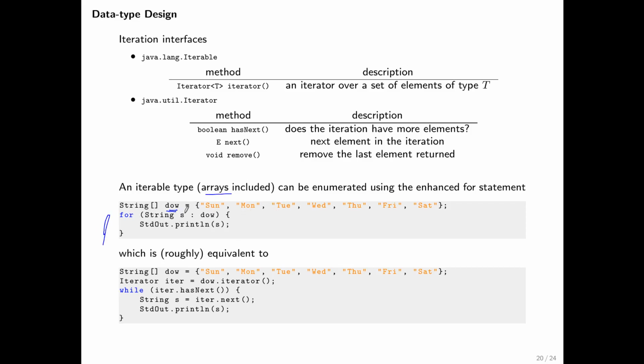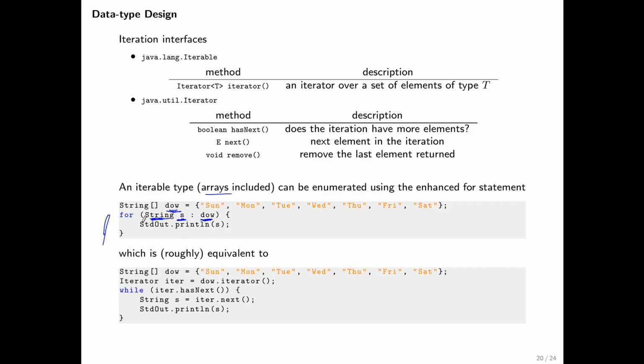So the syntax is fairly straightforward. You say for some type name colon the name of the iterable. So the name of the iterable is DOW, and then we put a type. This is basically the type of each element in that iterable. So in this case, it's a string, and this is simply a name.